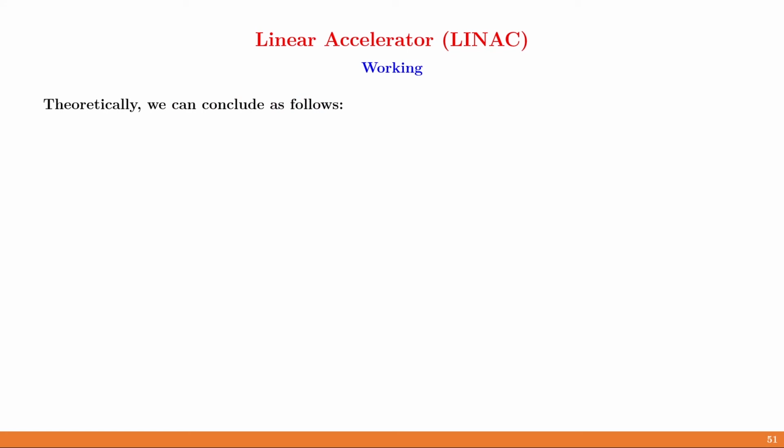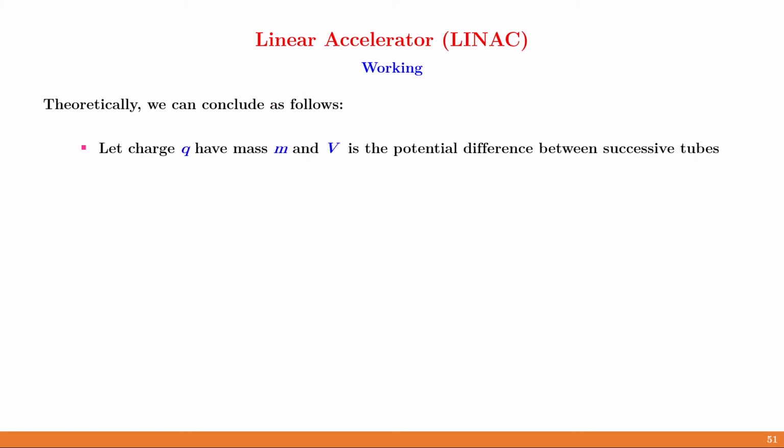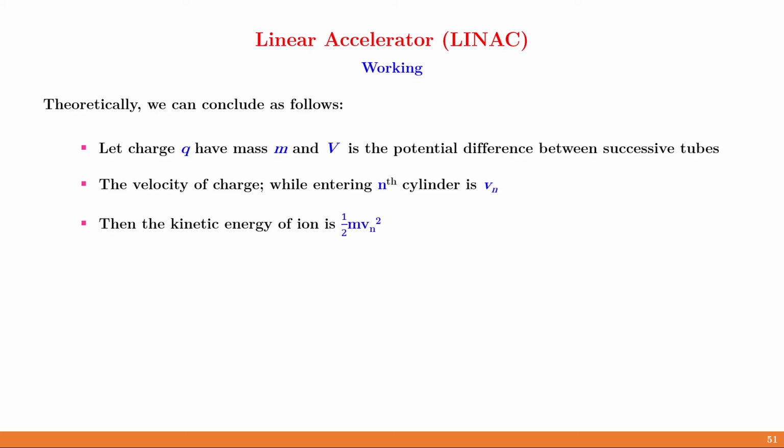Theoretically, we can conclude as follows. Let charge Q have mass m and V be the potential difference between successive tubes. The velocity of the charge while entering the nth cylinder is Vn. Then the kinetic energy of the ion inside the tube is half m Vn squared.